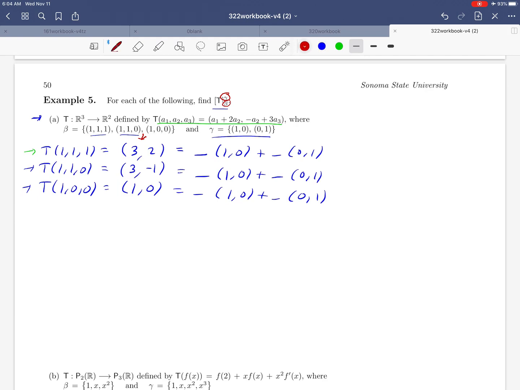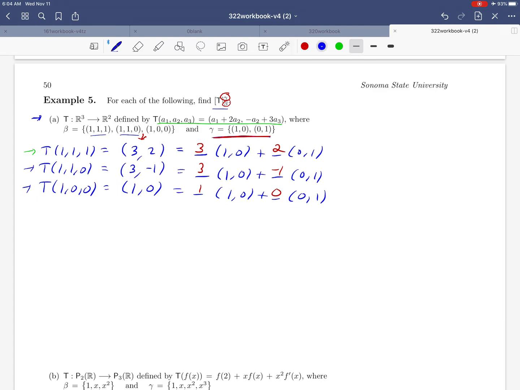The nice thing is our output basis consists of just the standard ordered basis for R2, so these blanks are not too difficult to fill in. To build a 3, 2, we need a 3, 2. 3, negative 1, same deal, and then finally 1, 0, same deal.